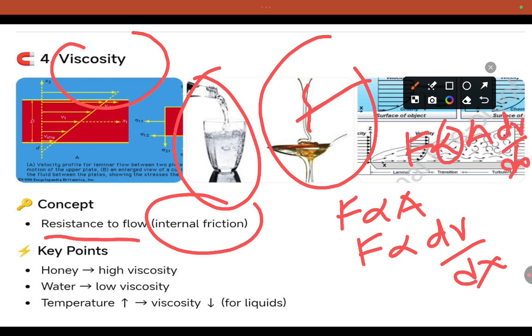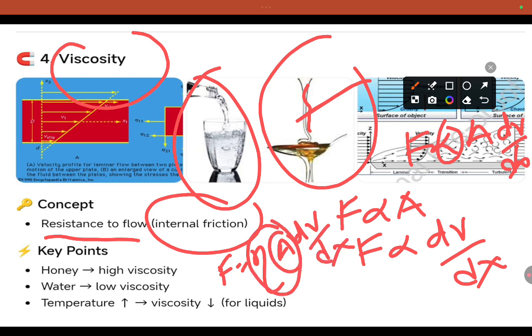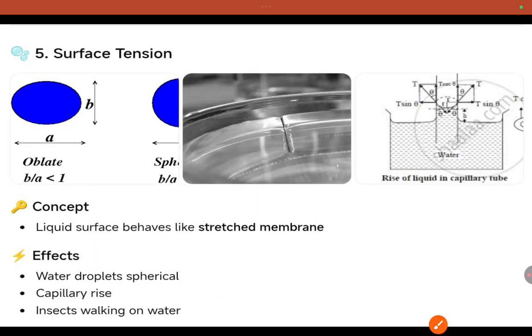Remove the proportionality and you get F equals eta A dV by dx, where eta is called the viscosity coefficient. Honey has high viscosity, water low viscosity. If you raise the temperature, viscosity decreases.